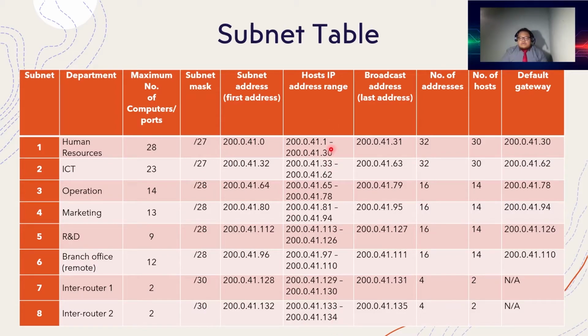We cannot go beyond this subnet, because if the IP address range overlaps with another subnet, it will output an error of inconsistency, because we know that the subnetting process is specifically designed and calculated for each subnet with the maximum number of computers or ports in order to increase the efficiency of the topology.